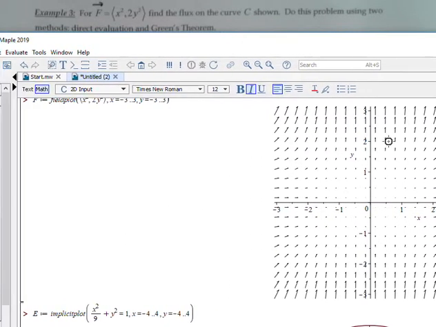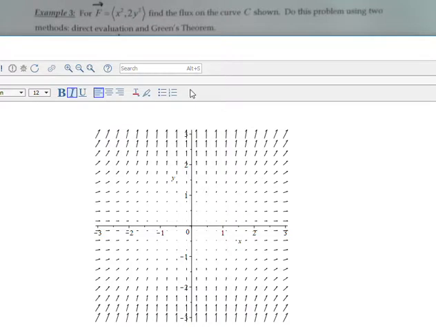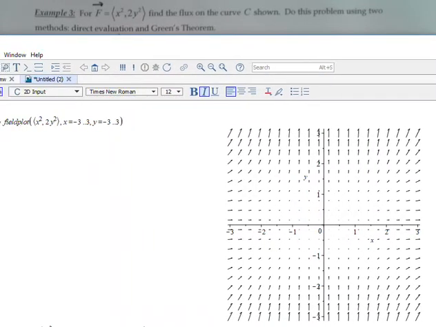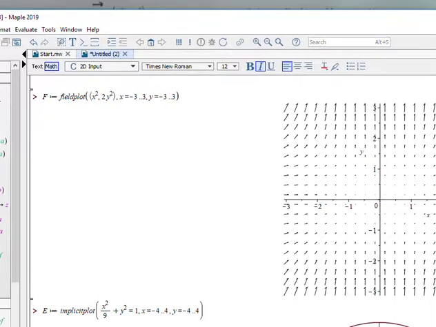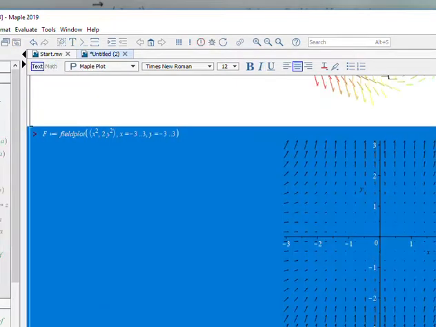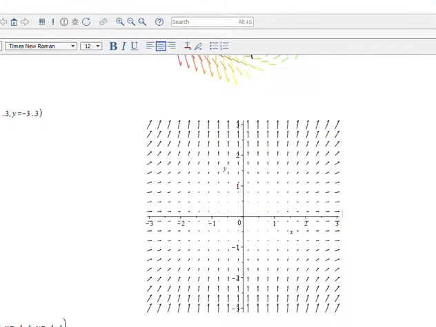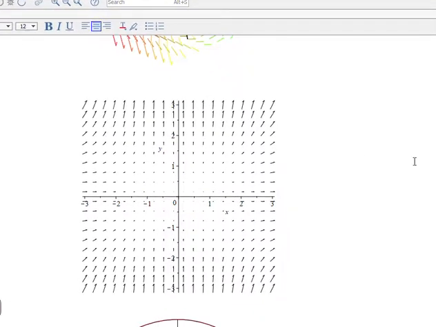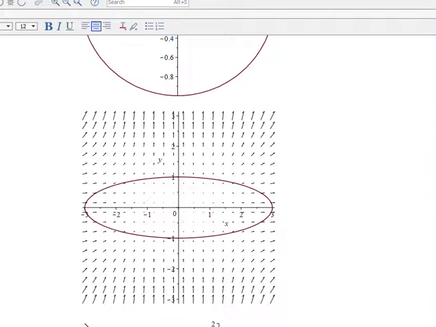That's just my field plot, and I had assigned that to the variable f. So f is the field plot. There's the vector field x squared comma 2y squared. E was the ellipse. And then I just had Maple display them both. So I said display E and F, and there we are.